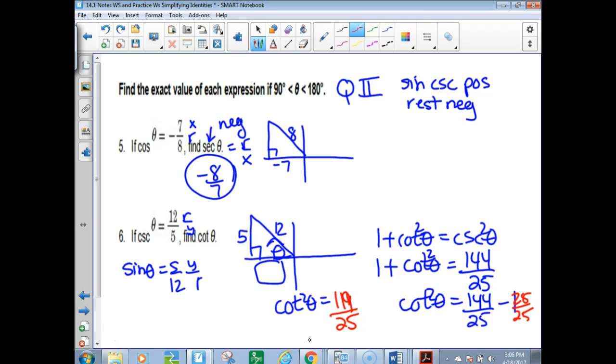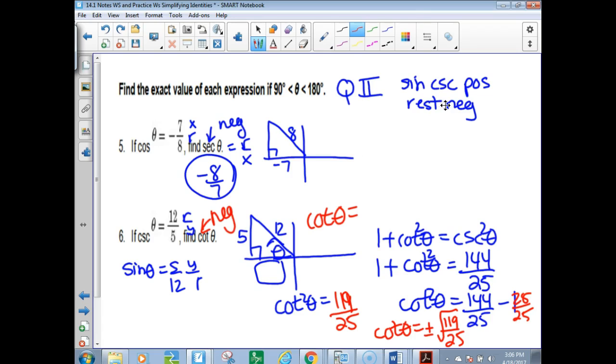Now I have to take the square root. Cotangent of theta will be plus or minus the square root of 119 over 25. So I'm finally going to get my answer to this one. Cotangent of theta for this problem is going to be negative. Why?